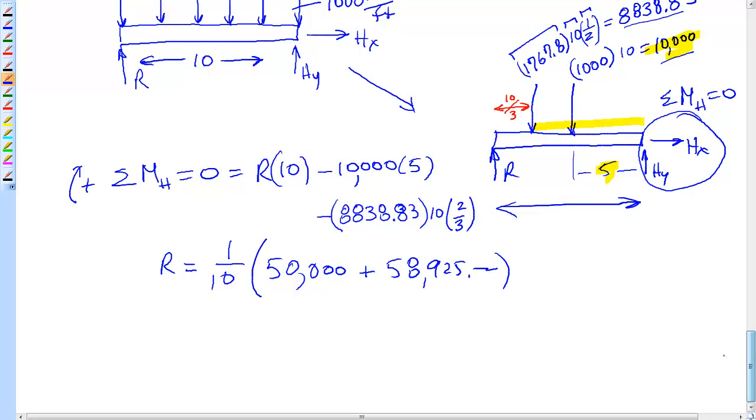Gives me my reaction being roughly 54,000. Oh, sorry, divided by 10. So I divided this by 10, so that'd be around 5,000, and around another 5,800 gives me 10,892.55 pounds.